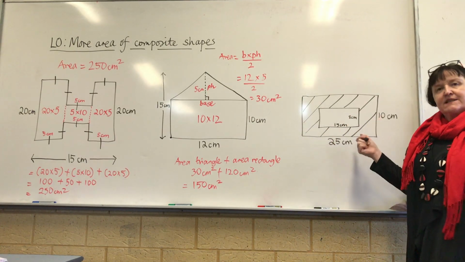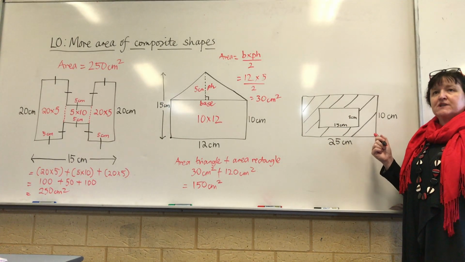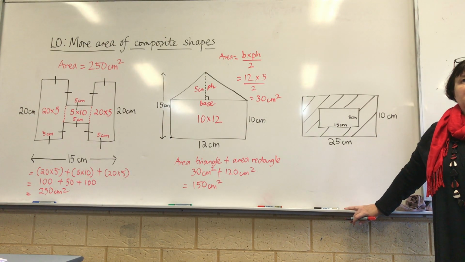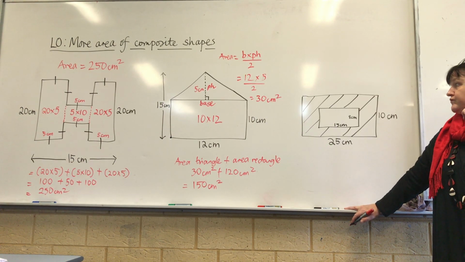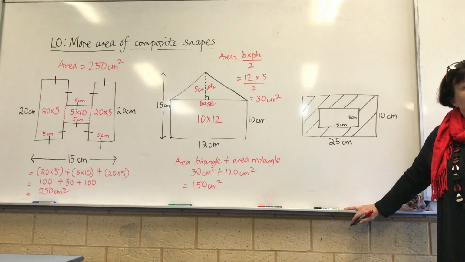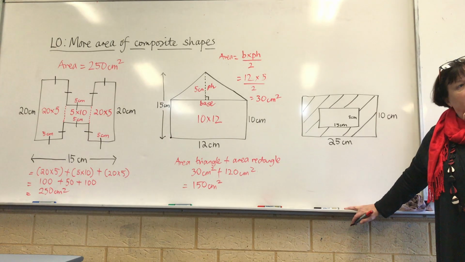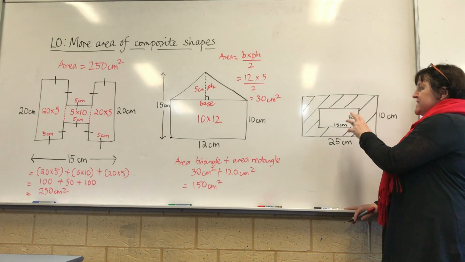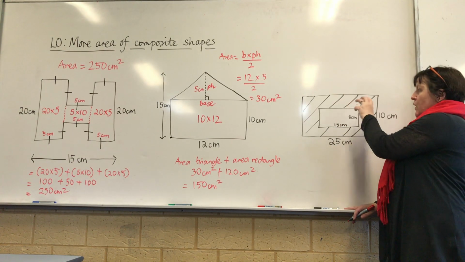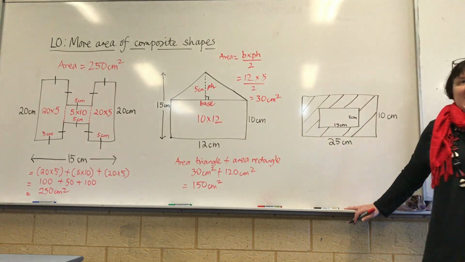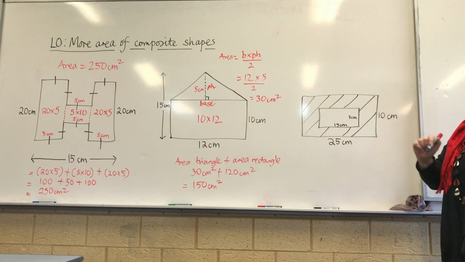Great. Now this one's fairly straightforward. Who thinks they might have an idea of how you might approach it? Bella? So you do the area of the whole shape together with that inside of it, and then you subtract the... Very good, because obviously, if you imagine that this was a wall or something, and it's got a hole in it, if you take that bit out, it gives you the area of the shaded bit, doesn't it?